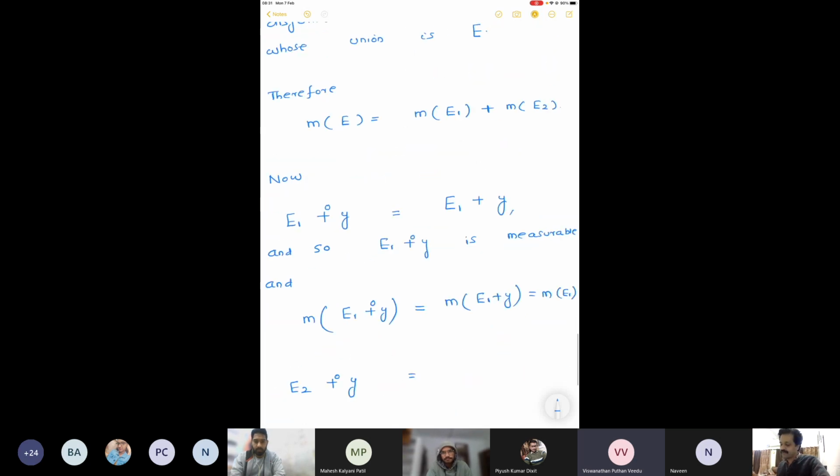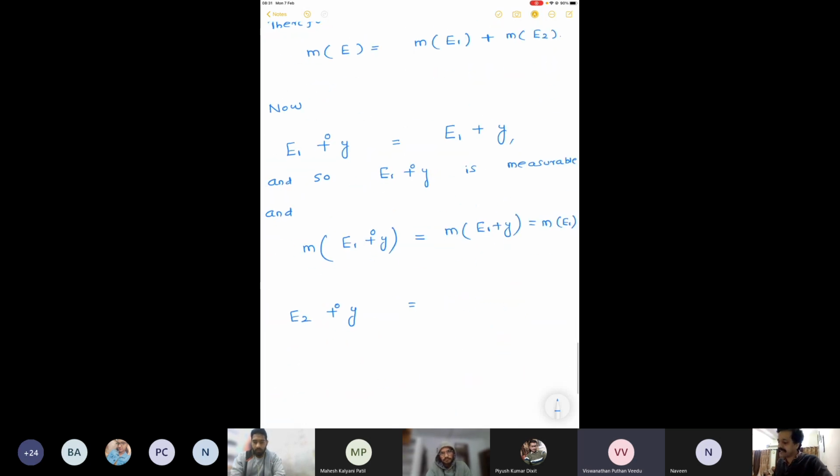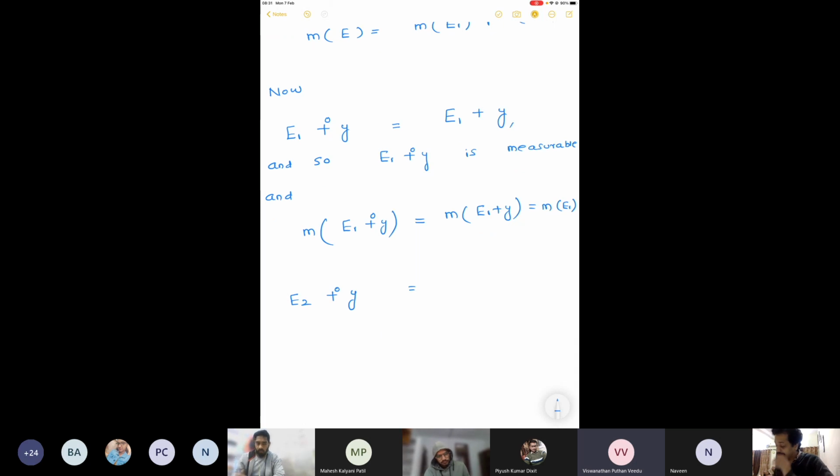Therefore, E2 special translation y will be E2 plus y minus 1. Ordinary addition you will do, then you will exceed 1, then you have to subtract 1. So E2 special translation y is the same as E2 translation with y minus 1.